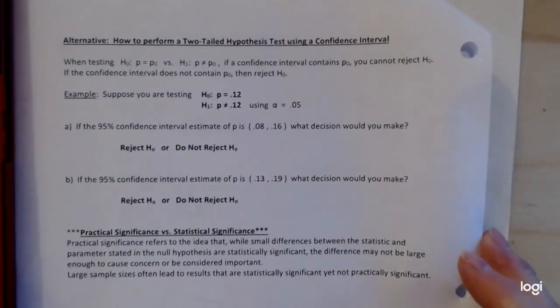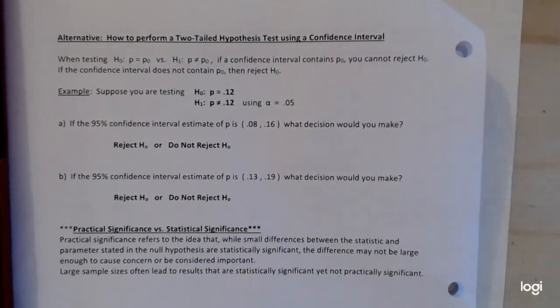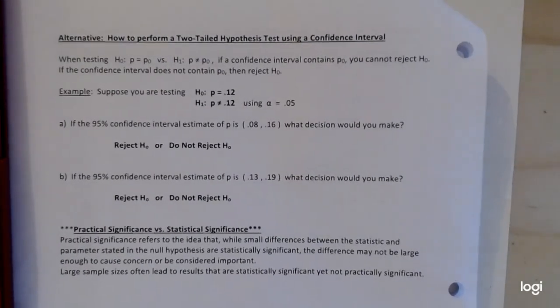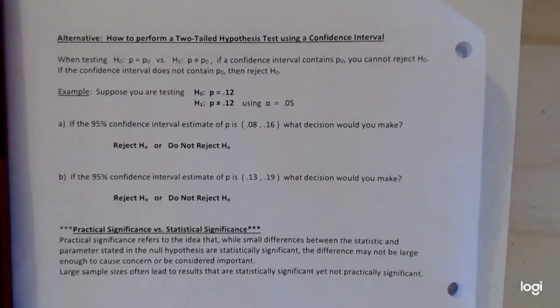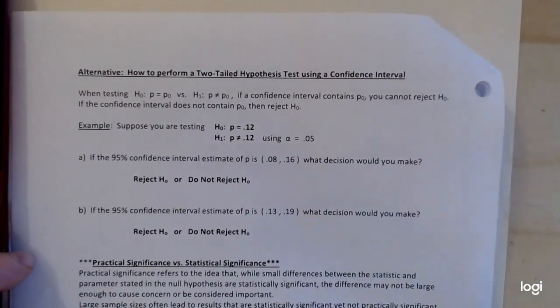All right. We're going to look at how to perform a two-tail hypothesis test using a confidence interval, because remember, the confidence interval estimates the parameter, and in this case that would be the proportion, and you can use that to perform a hypothesis test as well.